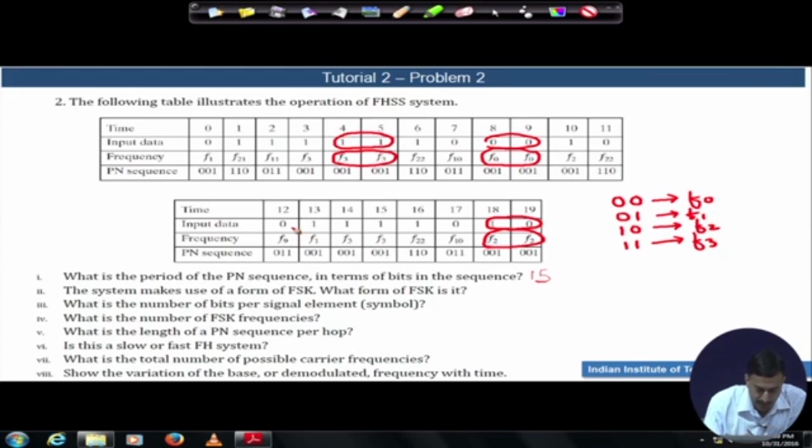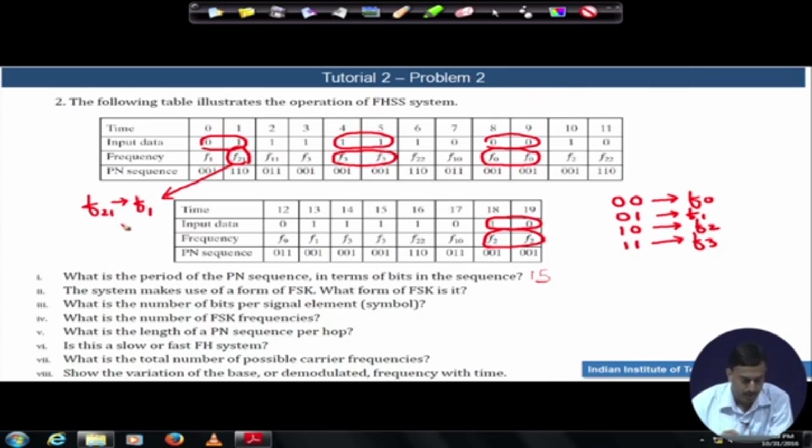In fact, we have a 0 1 combination at the beginning itself, which is mapped to F1, and F2 will subsequently map, or should subsequently map at the receiver, to F1. So this is something we will show at the end. But it appears that we have an M-ary FSK system to start with.